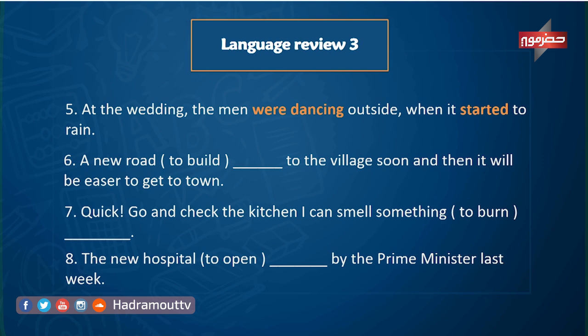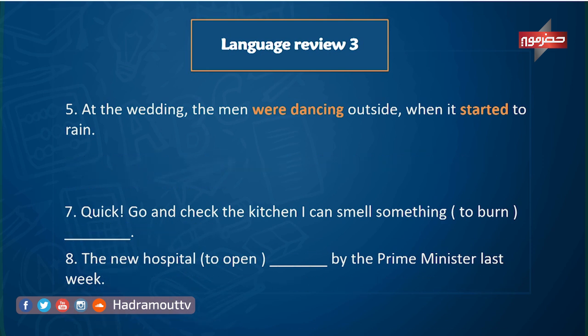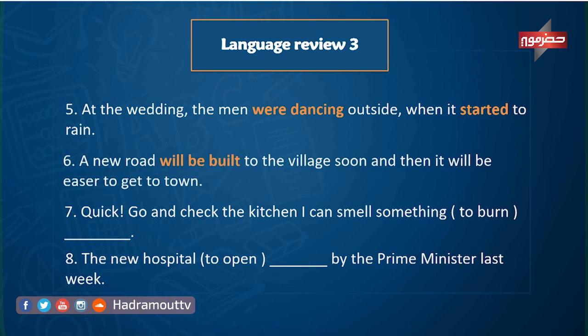Therefore, the passive voice, we can use the passive here. Compare your answer. Model answer. A new road will be built, future, will be built to develop soon, and then it will be easier to get to a town or to the town.